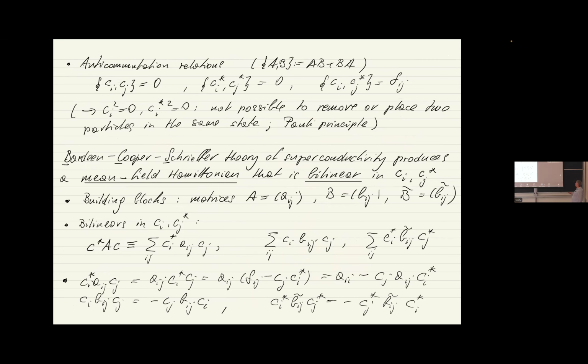Now, these annihilation and creation operators satisfy a certain algebra, the canonical anti-commutation relations. They anti-commute among operators of the same type, the annihilation or creation operators, but they have this peculiar anti-commutation relation in opposite.